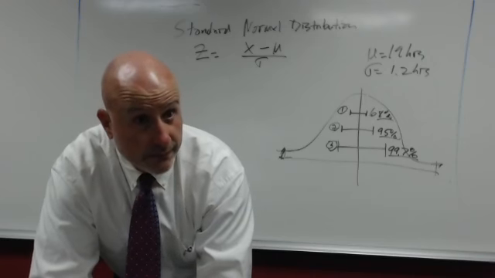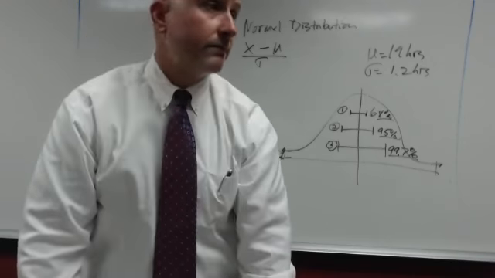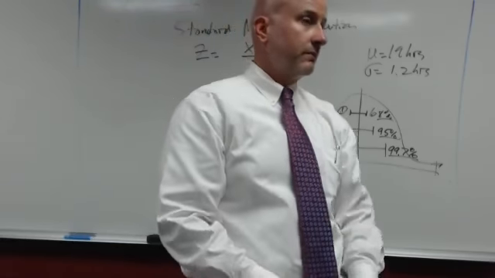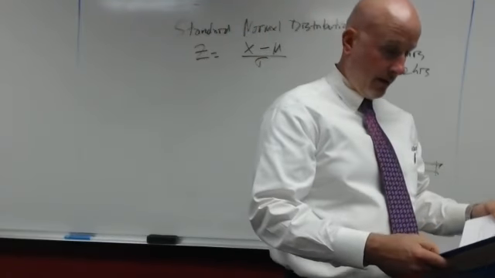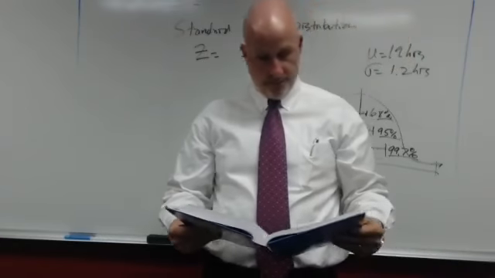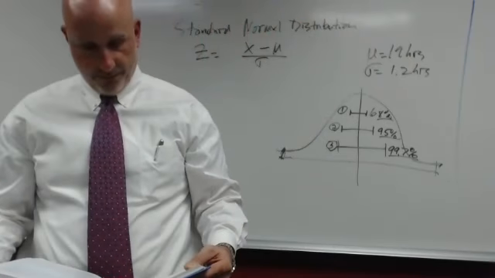This one's on the side, on the vertical. This is the z's. If z is 1.5, we're going to look for that number.